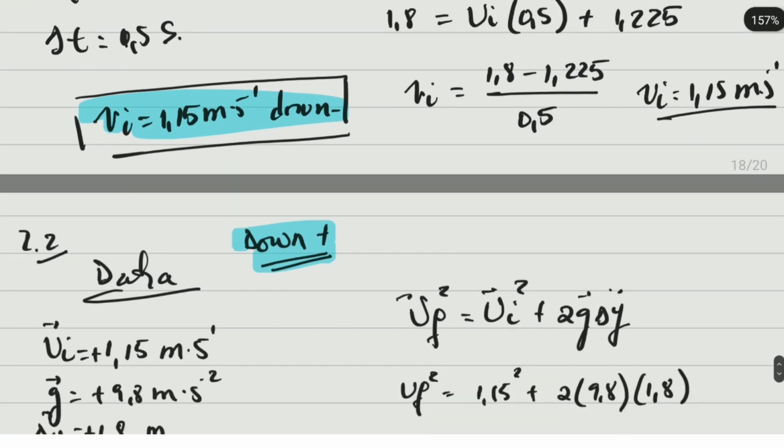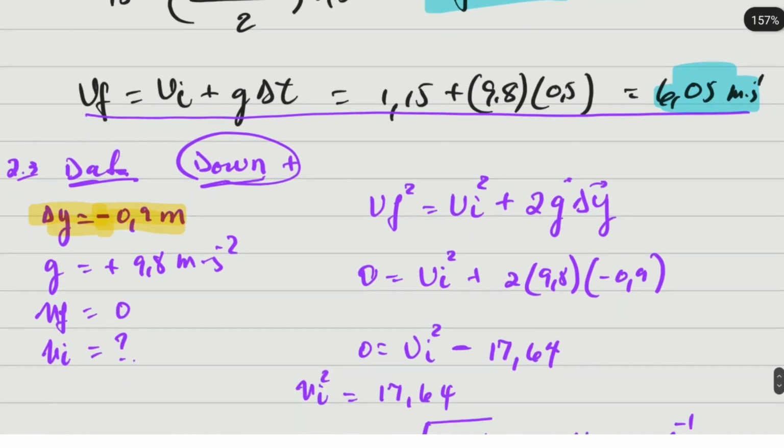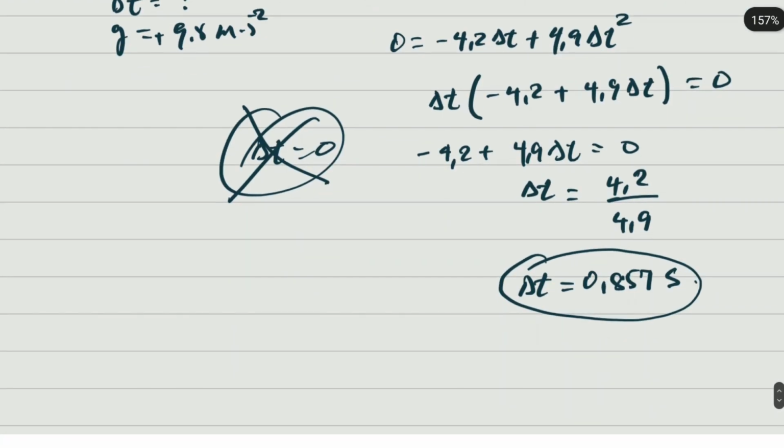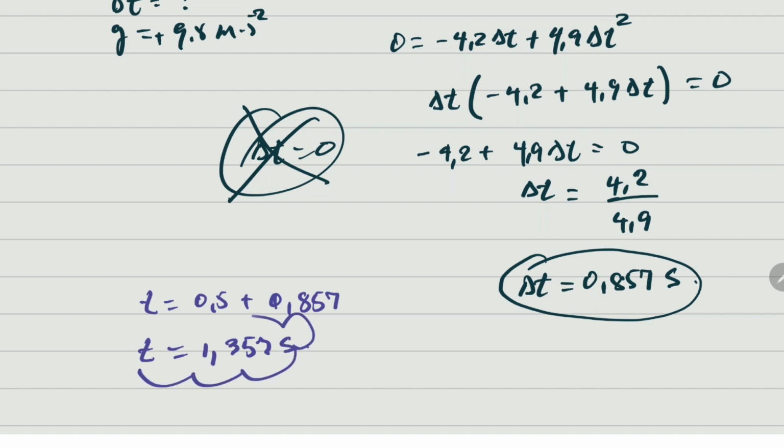So the total time, which is that t in the graph, will be equal to 0.5 plus 0.857, and that t will be equal to 1.357 seconds. Guys, this is the end of this question.